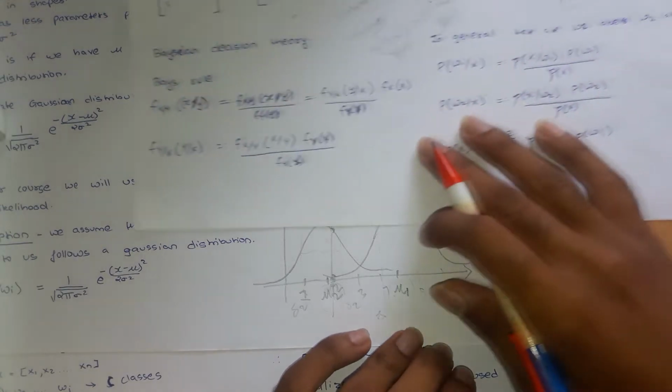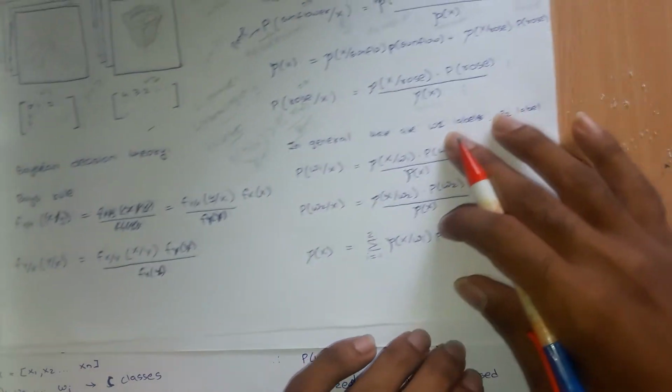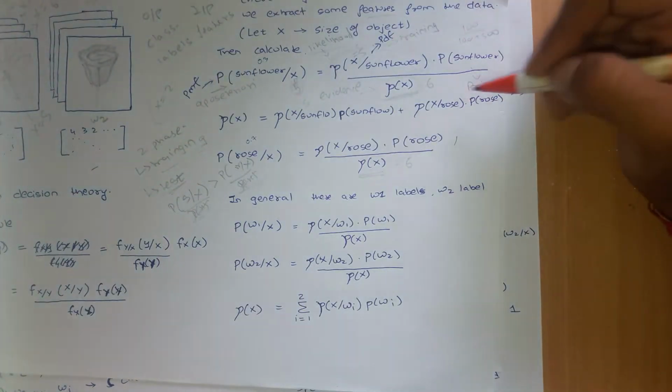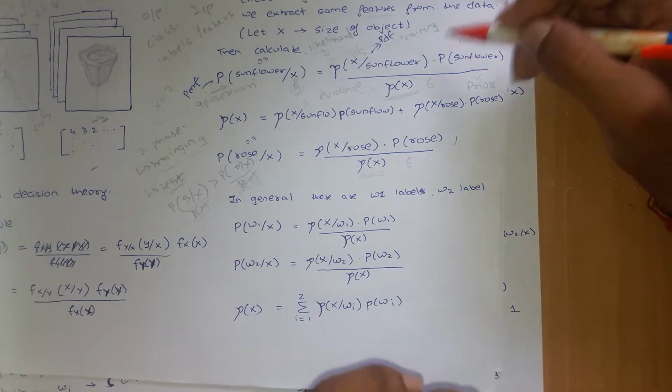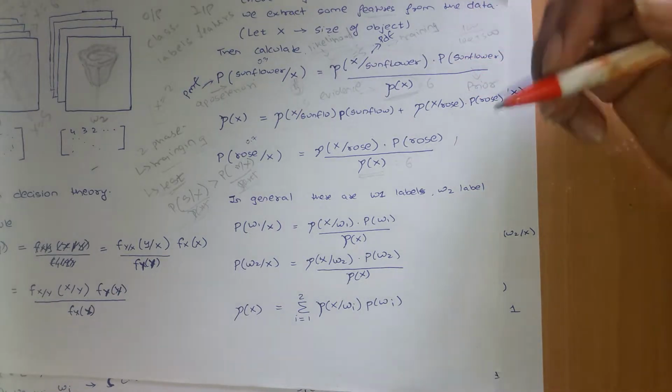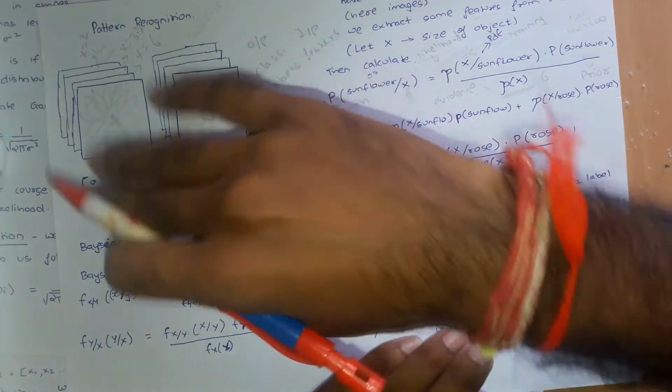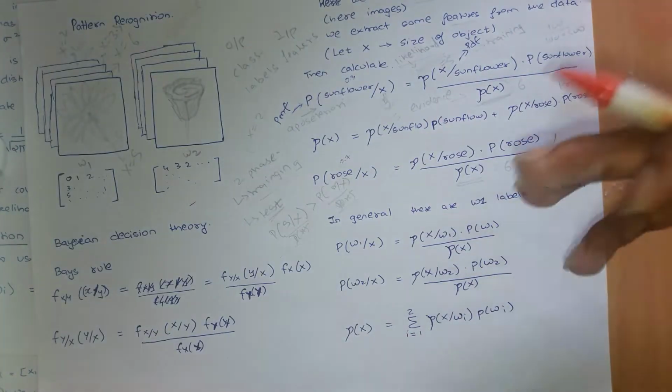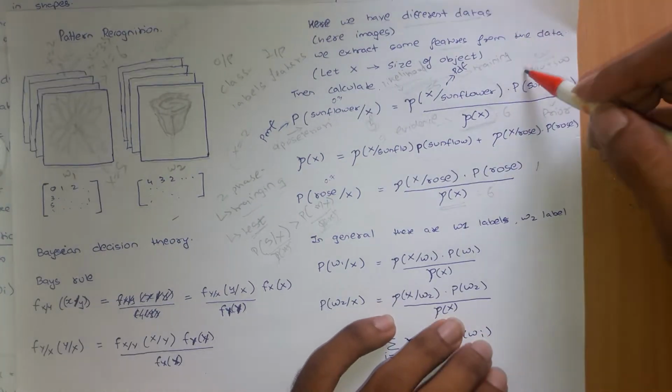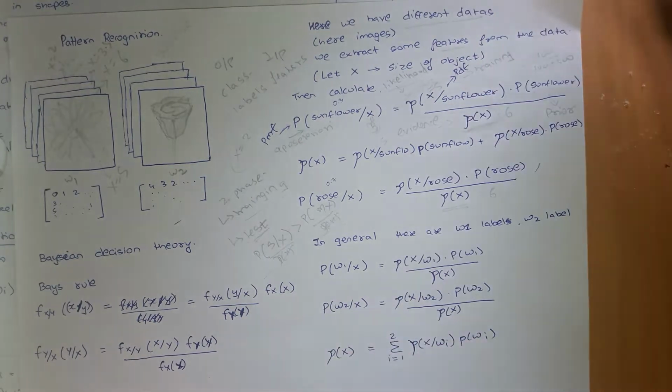So this is what is happening. Now we'll obviously have some prior information, like how many images we have, or which is more common. That will get multiplied with the likelihood.